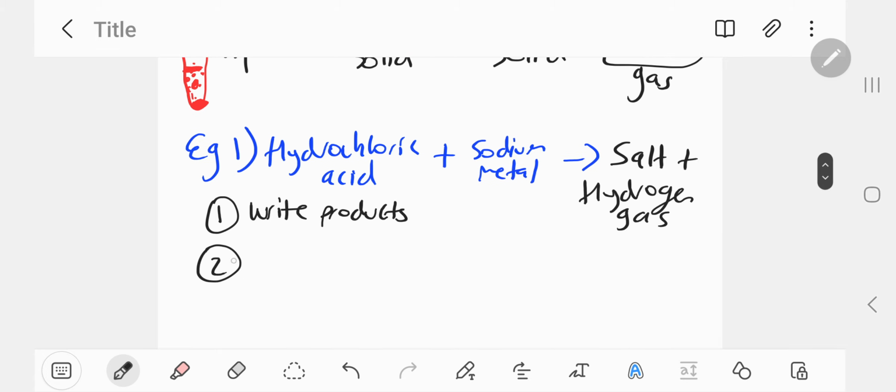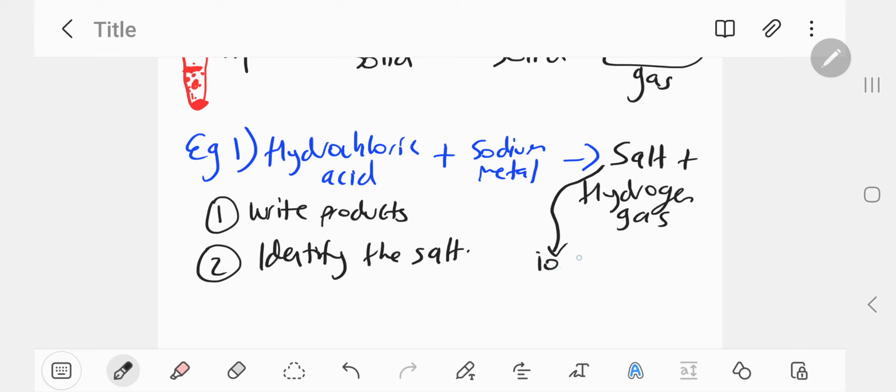Step 2 is to identify the salt. Now, salt by definition, just as is the case in neutralization reactions, is an ionic compound. In other words, it consists of a metal stuck together with a non-metal atom.